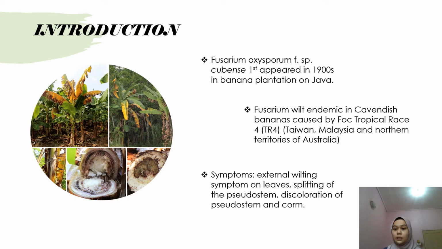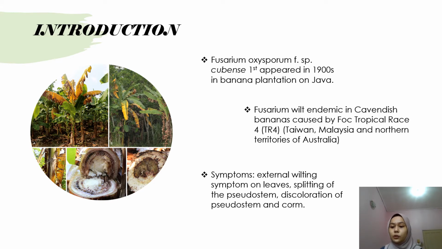According to the Malaysian Agricultural Research and Development Institute, banana is ranked number two in Malaysia. It is an important crop in Malaysia and also number two for the economy.